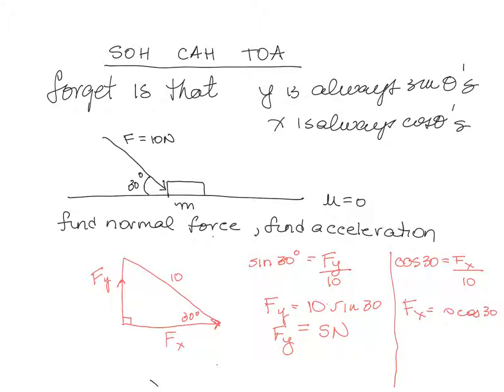You plug that into your calculator and you get 8.66 newtons. Note that we were just looking at magnitudes. By looking at the picture, we can see that Fy is not a positive value, but is actually negative. So Fy is minus 5 newtons, whereas Fx is still positive 8.66 newtons.